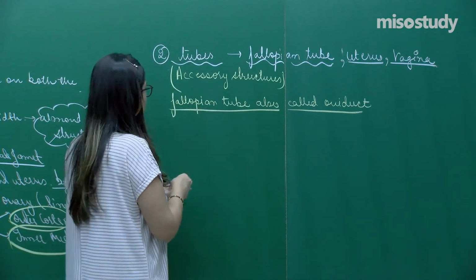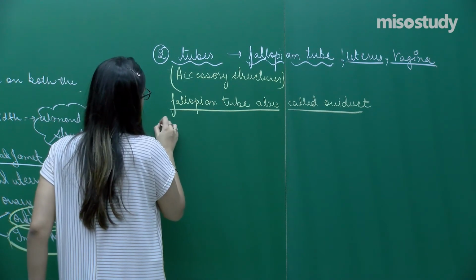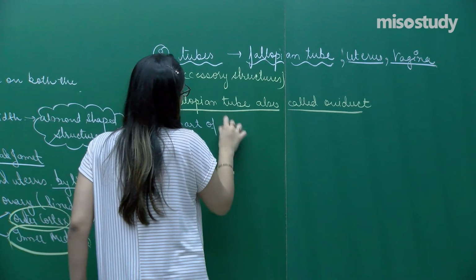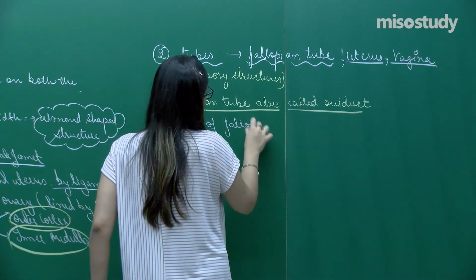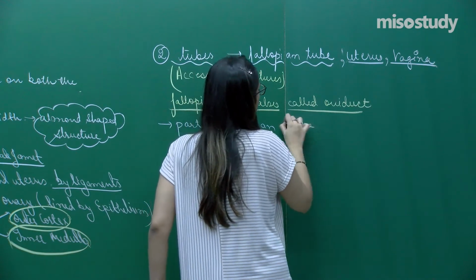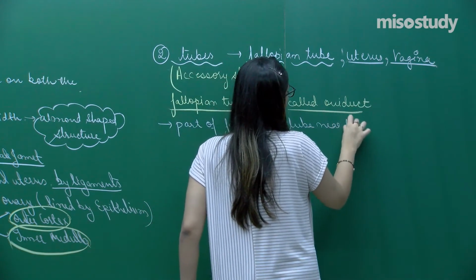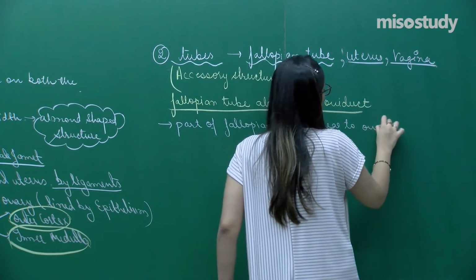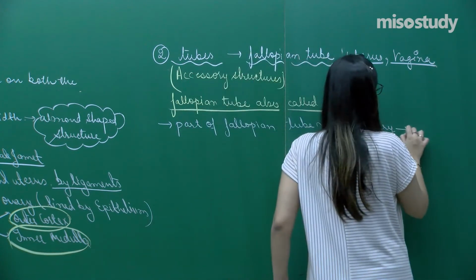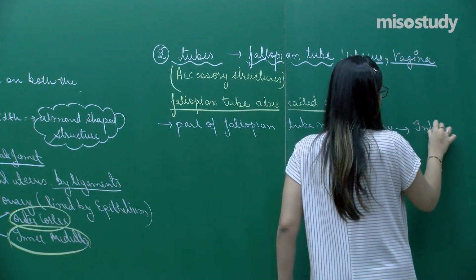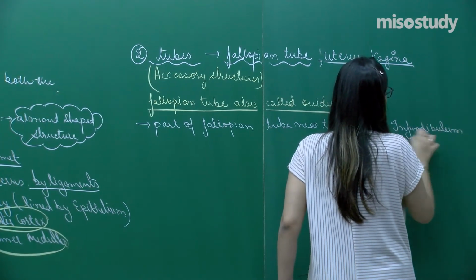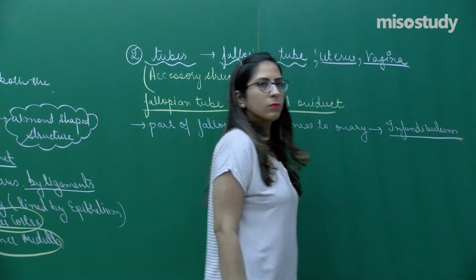Right? So let's write about the different parts of the fallopian tube. The part of the fallopian tube near to the ovary is called the infundibulum.